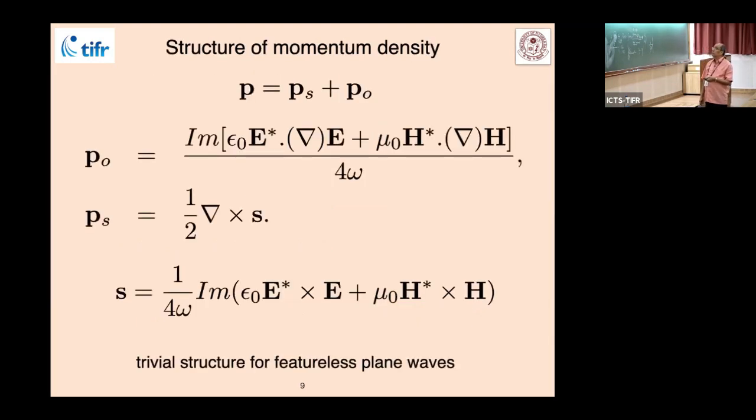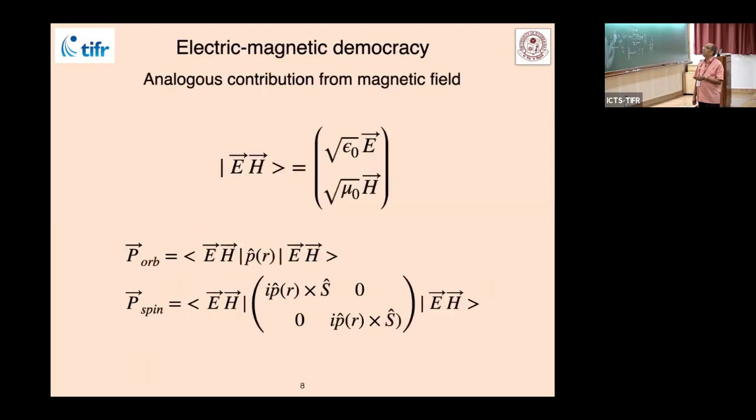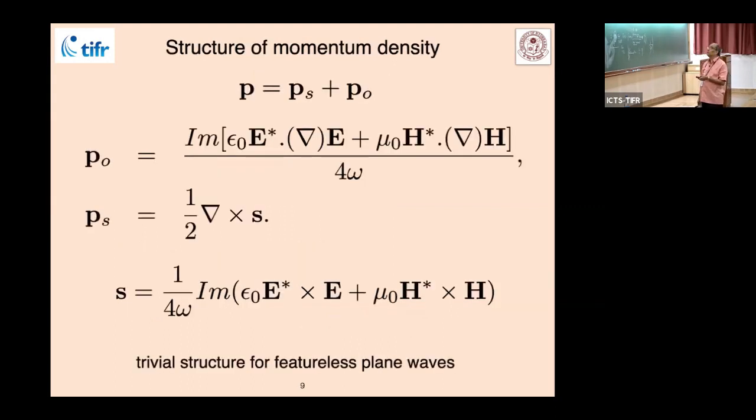Next, what do we do now? Now include both this electric and magnetic part. As I said, that's what is called electric magnetic democracy. So using this, you can write the full transverse thing, the spin and the orbital part. You have the 2 contributions, coming from the electric field and coming from the magnetic field.